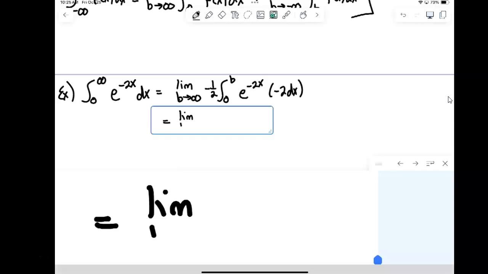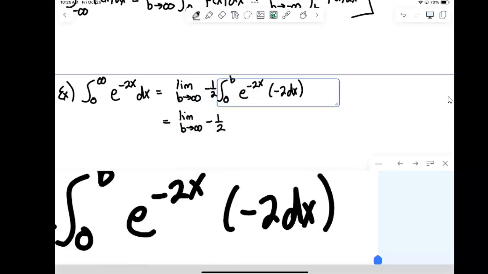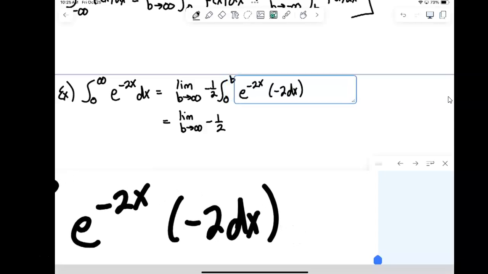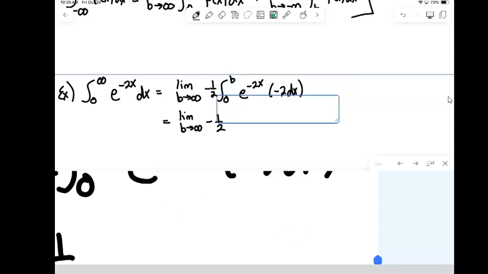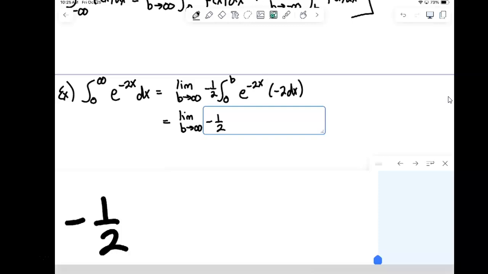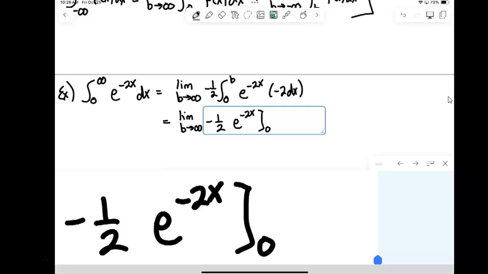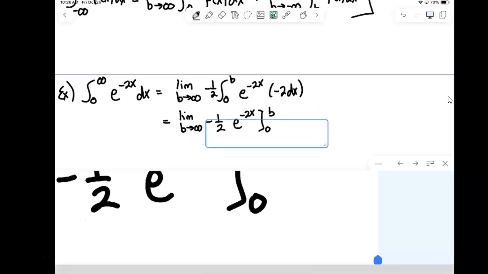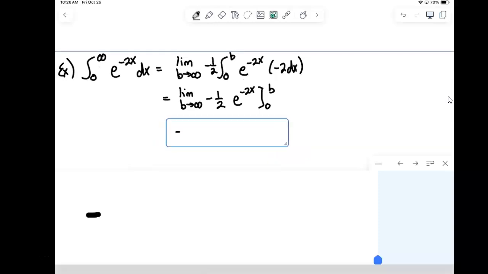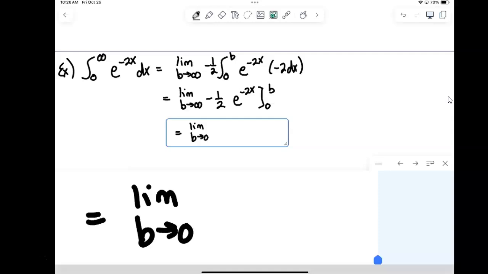All right, and now this is ready to carry the substitution through. Limit as b goes to infinity of minus 1/2. And so integral of e to the u du would just be e to the u. So that's going to be e to the minus 2x, evaluated between 0 and b. Right? And then we start to work that out. Limit as b goes to infinity of negative 1/2.